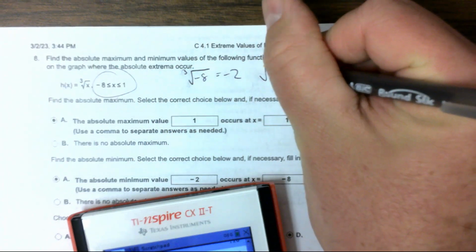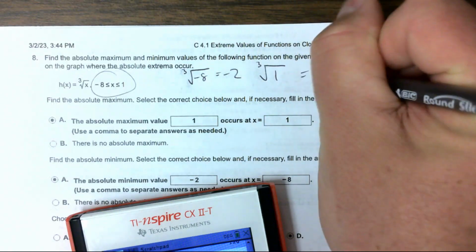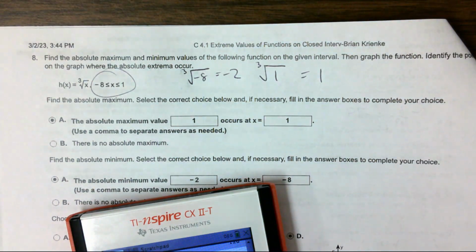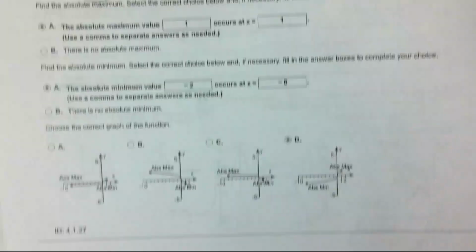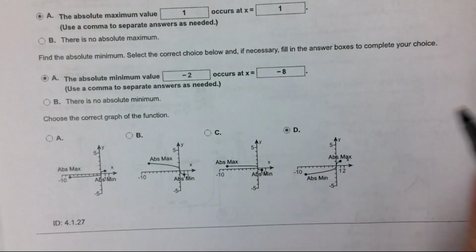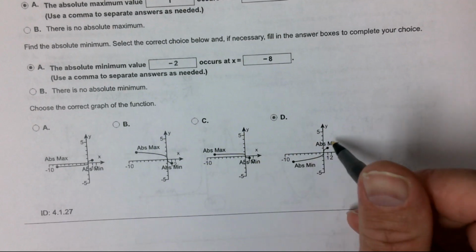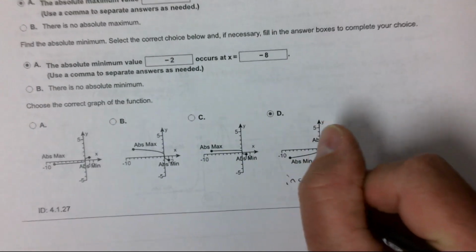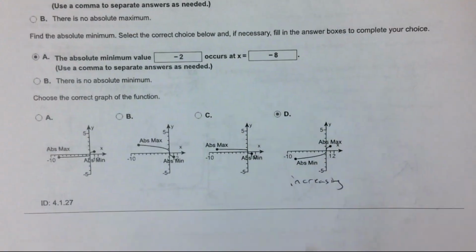And the cube root of 1 is 1. And so that means the function is going to be increasing. It's going to look like that.